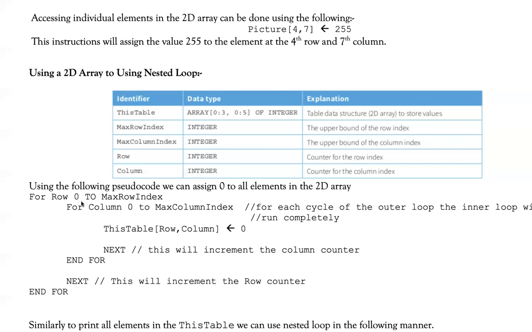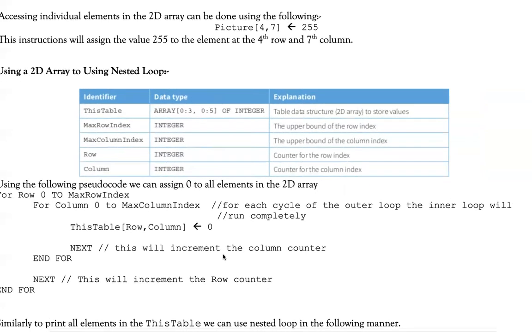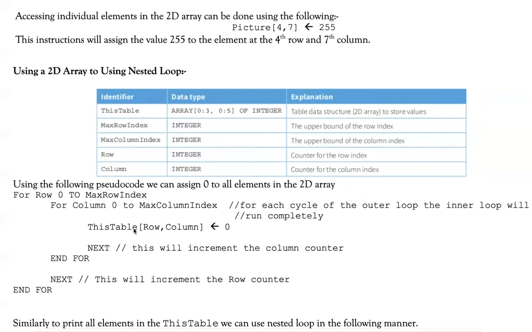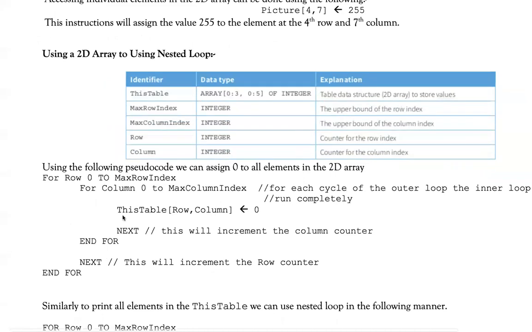So the outer loop runs once, and the inner loop runs to completion. Once the cycle is completed, the inner loop is terminated in each iteration of the outer loop. So this is a good technique to access individual elements. For example, what we're doing here is assigning values to an array by the name of table, with row and column mentioned here.